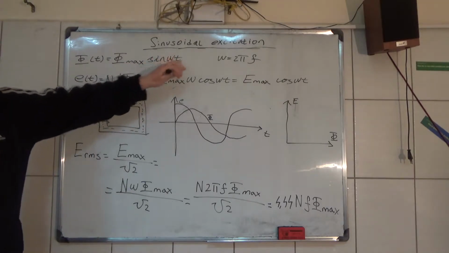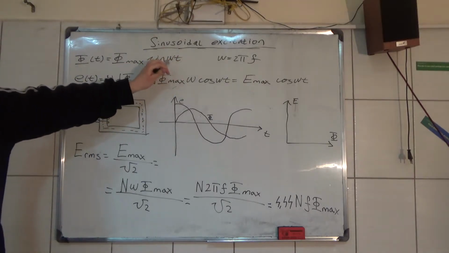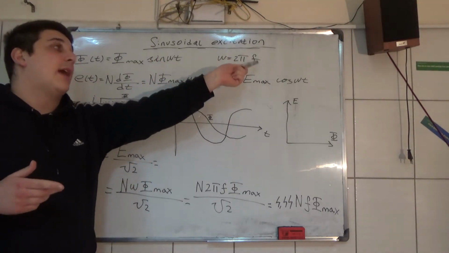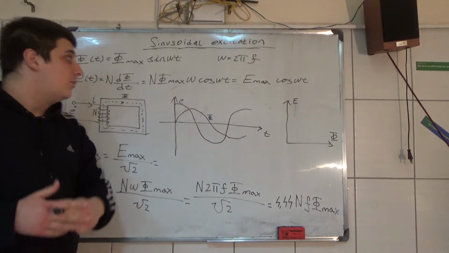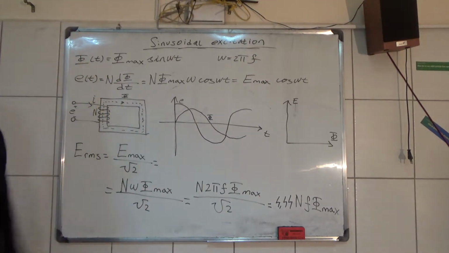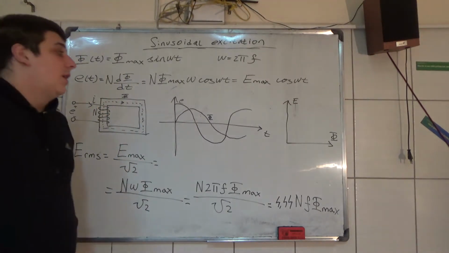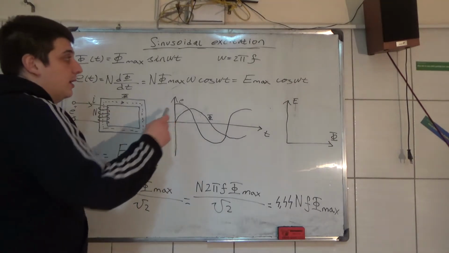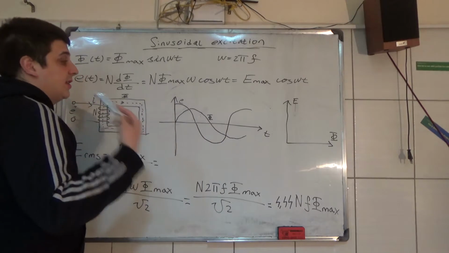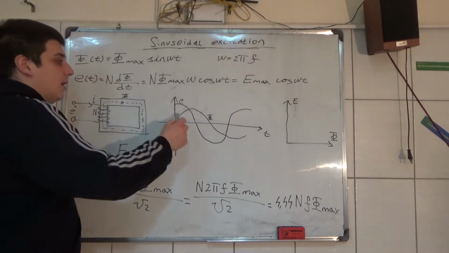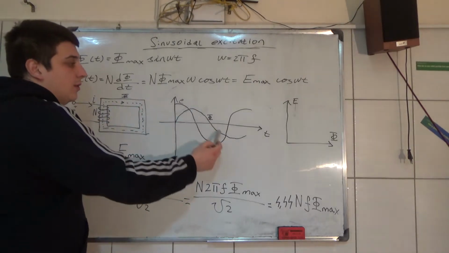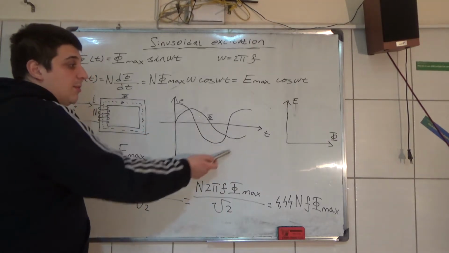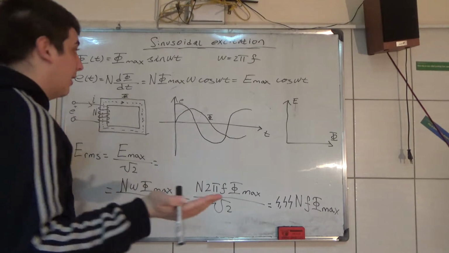So this is the angle, and omega here is the angular velocity, which is equal to 2 pi times the frequency of the flux varying in the magnetic circuit. So here you have a flux, and because it is a sinusoid, it goes from 0, and it's not a perfect picture, but you get it, I hope.